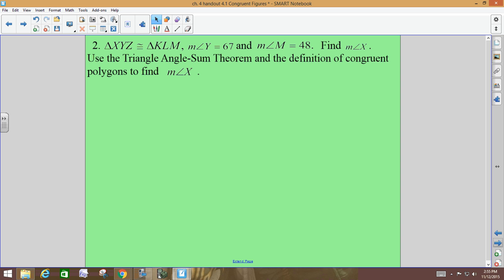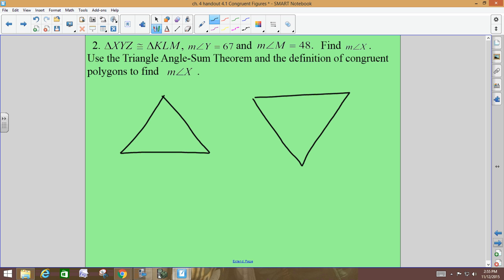If you don't know where to start with a picture, draw 2 triangles. They don't have to be perfect. I mean, you can make them look exactly the same. We probably should since it says they're congruent, but it doesn't matter.